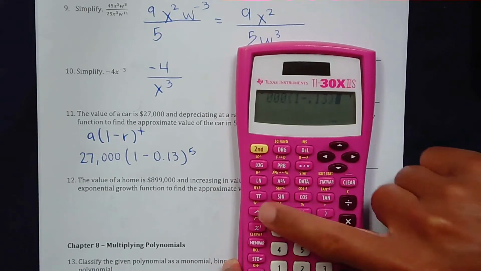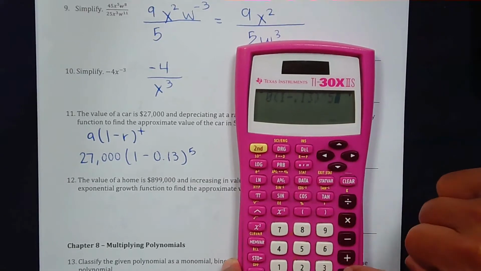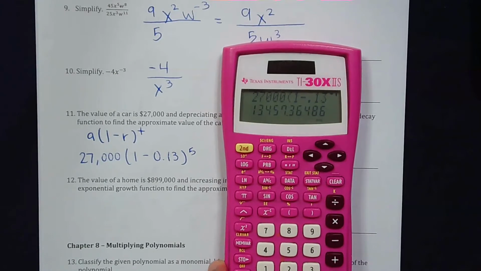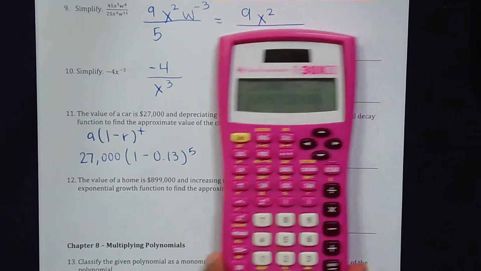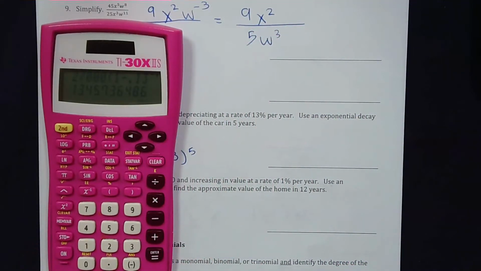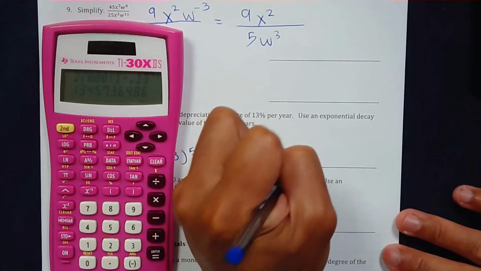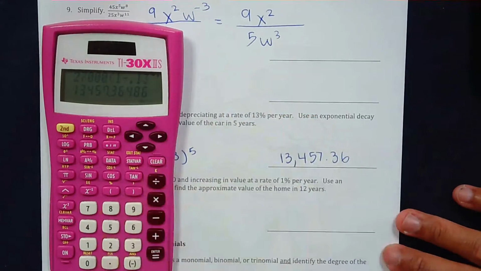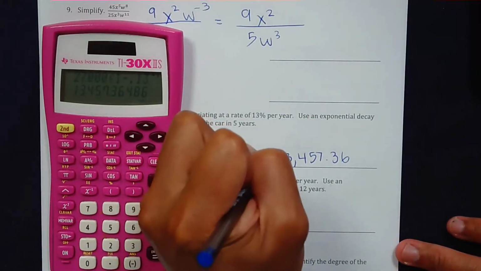All of that raised to the 5th power. We get 13,457 and 36 cents. So let's go ahead and write that as our final answer. 13,457 and 36 cents. And let's not forget our dollar sign.